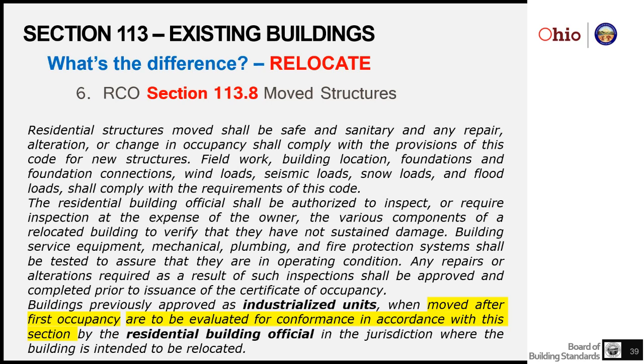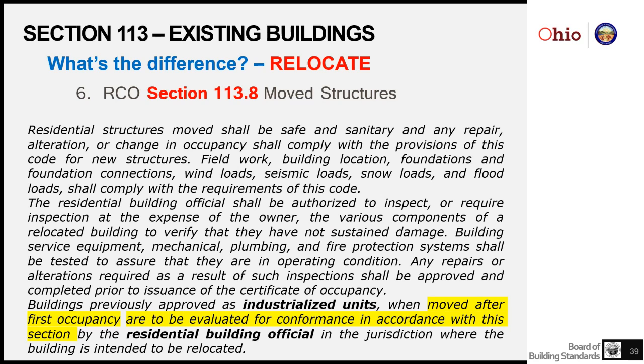In some cases, what we've run into is that owners have purchased a modular building and they have brought it in and set it, and either that modular company hasn't gotten the right approvals through the industrialized unit group, or the owner hasn't gotten the right approvals from the local jurisdiction to set that unit.